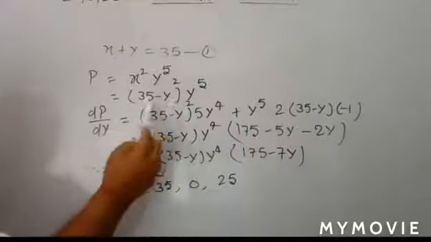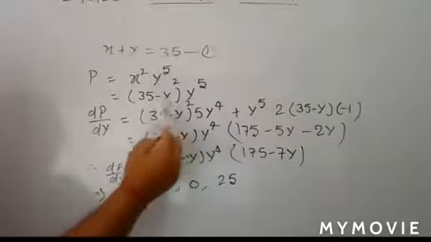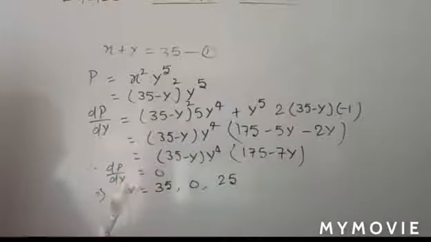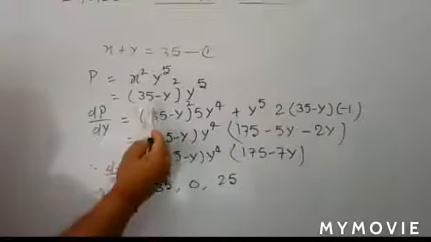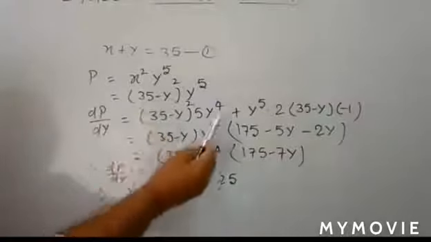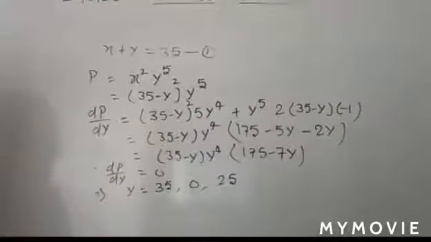Just see it. If you have converted it into one variable, y cannot be 0, because zero product is zero, not the maximum. So y equal to 0 is not possible, and that value is not taken. In the same way, if you take 35 here, in this factor the value of p becomes 0.